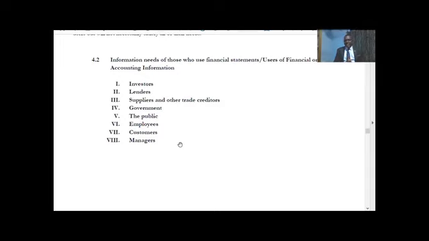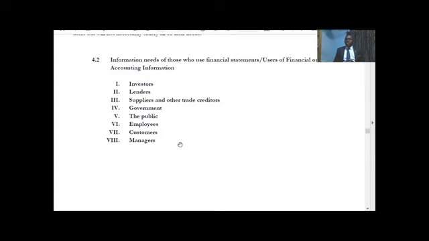Lenders are also interested in the financial position of the entity, because if you look at an entity's financial position, you can tell from the statement of financial position whether the company is liquid or not.